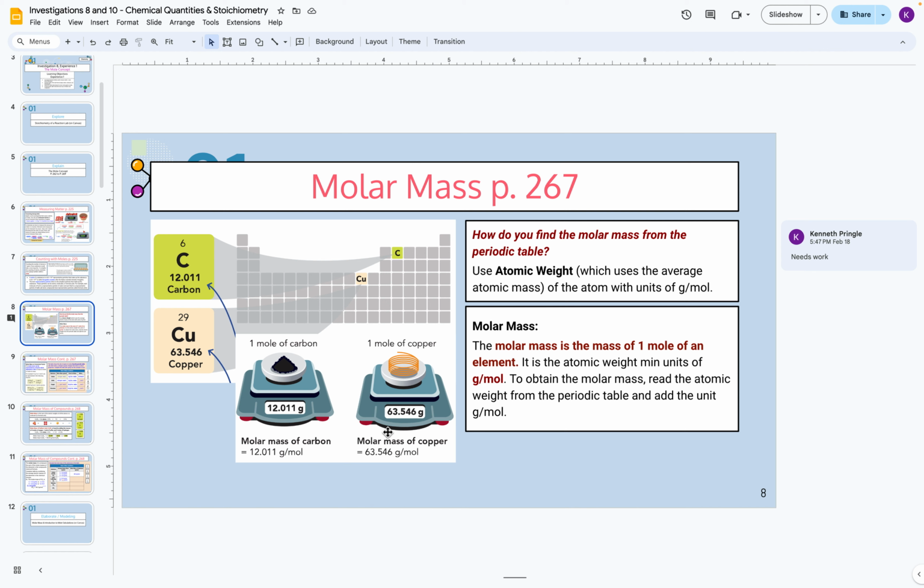And copper, similarly, has a mass on the scale of 63.546, and that's the average atomic mass on the periodic table. So all we're going to do is say 1 mole of a substance is equal to the grams of the average atomic mass on the periodic table, regardless of what it is.